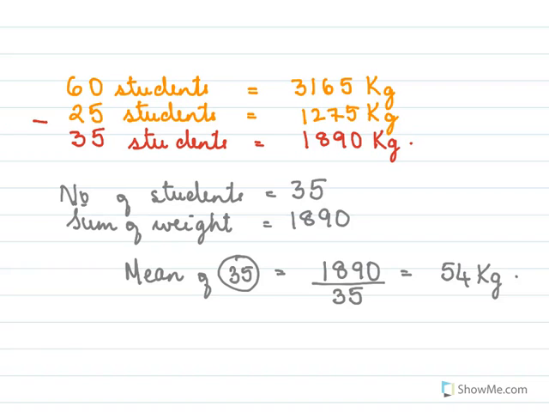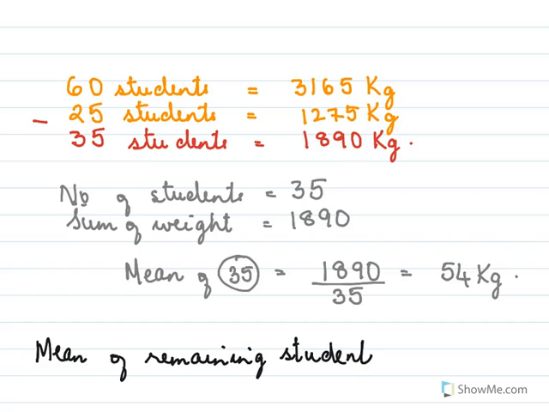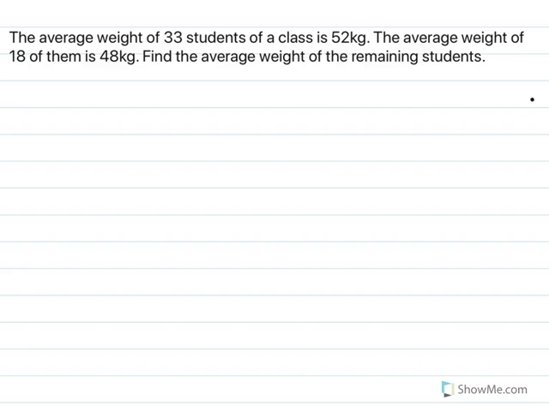So the mean of the remaining students is 54 kgs. Here the total was given to you, so you needed to subtract.